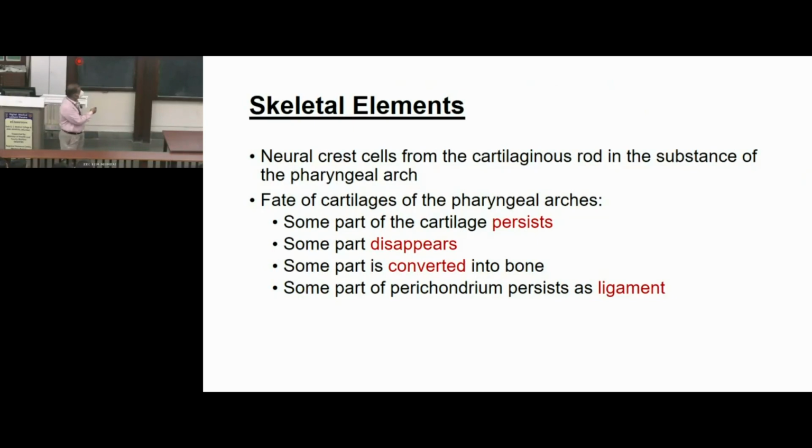And some part of the perichondrium of the cartilage persists as ligament. Perichondrium is connective tissue, so it will continue to form ligaments of various parts of the head and neck. So, this is the fate of cartilages of pharyngeal arches: either persist, disappear, replaced by bone, or persist as ligament.